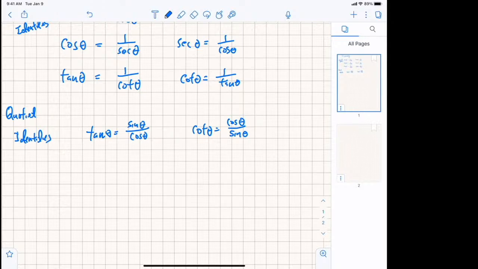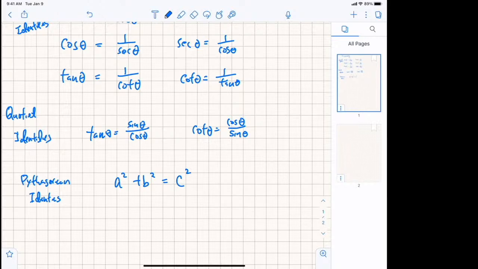Another one is the Pythagorean identity. Does anybody remember what the Pythagorean identity is? A squared plus B squared equals C squared. Okay, thank you, Carrie. That is the geometry one, not the pre-calculus one.